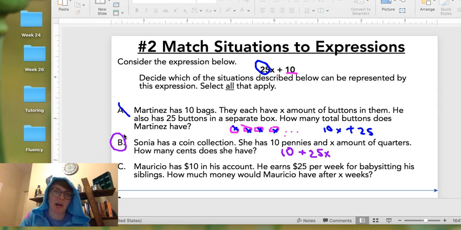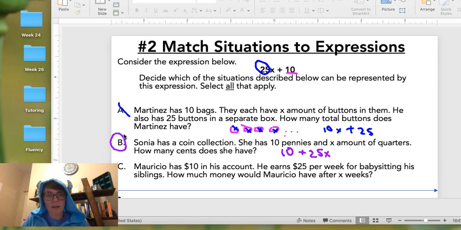Mauricio has $10 in account. He earns $25 per week for babysitting his siblings. What a nice kid. How much money would Mauricio have after X weeks? So he's got this 10 bucks. That 10 bucks is just standing alone. It's like a constant. Then every single week, he gets 25, 25, 25, 25, 25.